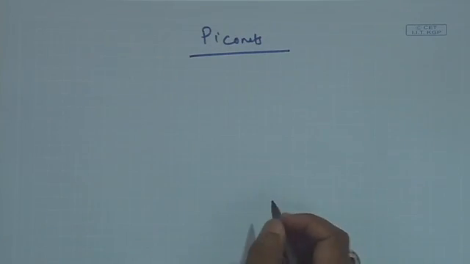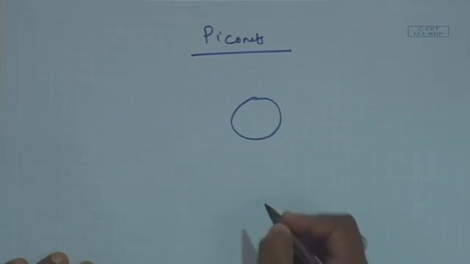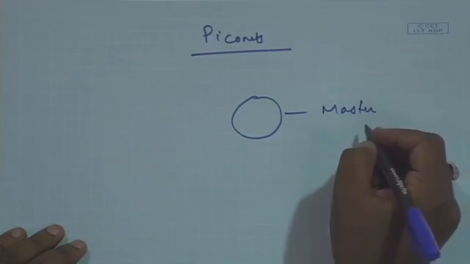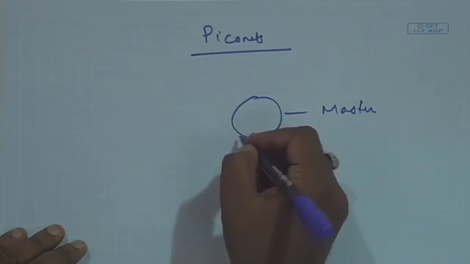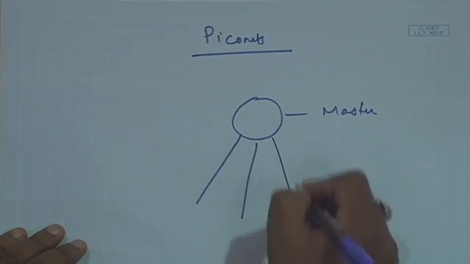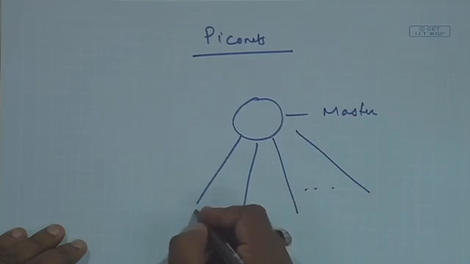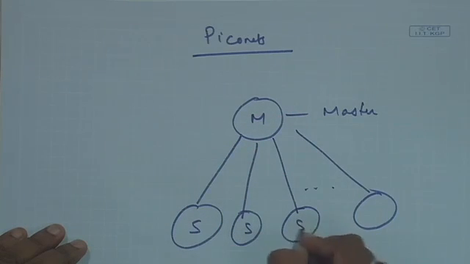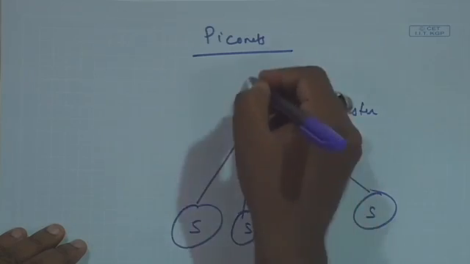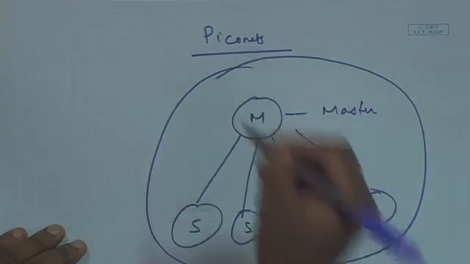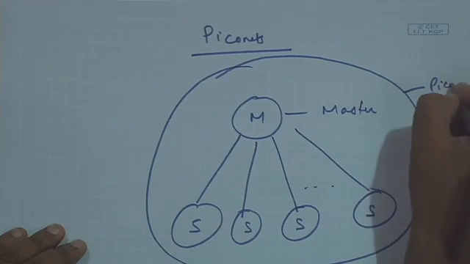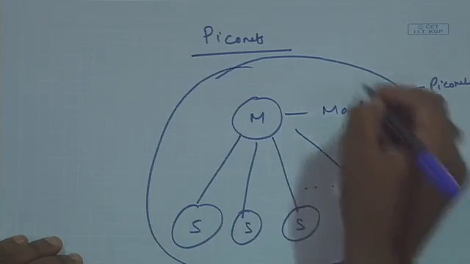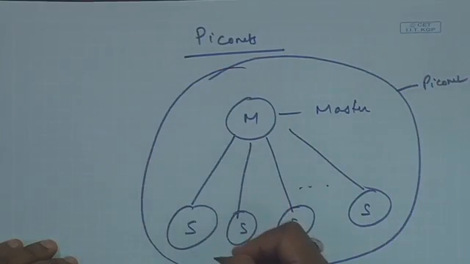What we have is something known as the master. We have a Bluetooth device which will act as a master, and there can be different slave devices. So, we have a master and different slaves. This entire thing is a piconet.